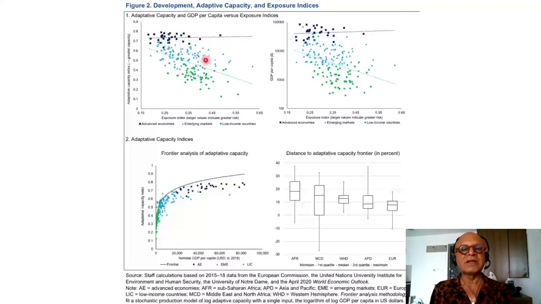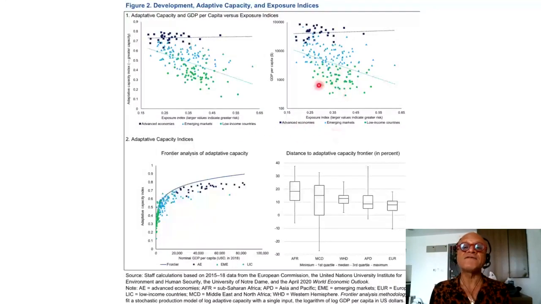And here are middle income countries, so emerging markets, and then low income countries, which are way down here. As exposure increases, their adaptive capacity drops very quickly, which is what you want to change. So you want to bend this curve upward for all. Looking at GDP per capita in dollars, again exposure index.